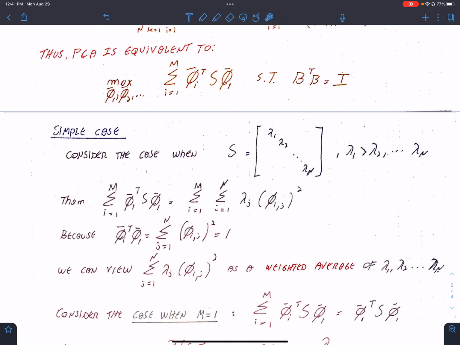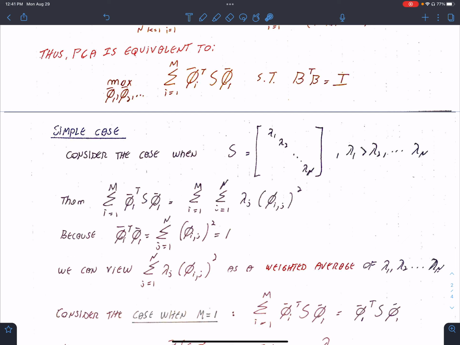So this phi ij now is the jth element of the ith vector. And of course, this is squared because I'm multiplying this vector on both sides, but really I'm multiplying each of the elements by a number.